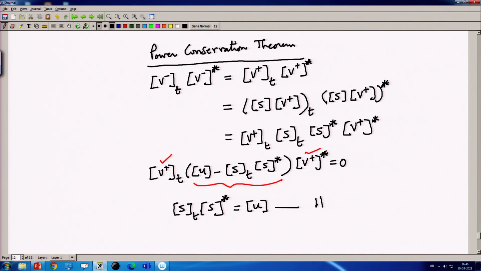We call this equation 11a, or we can write this as 11b.